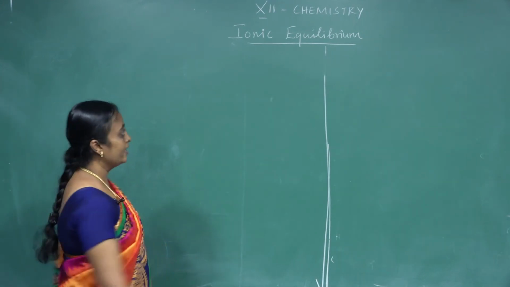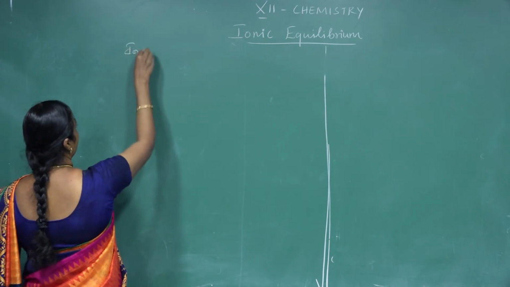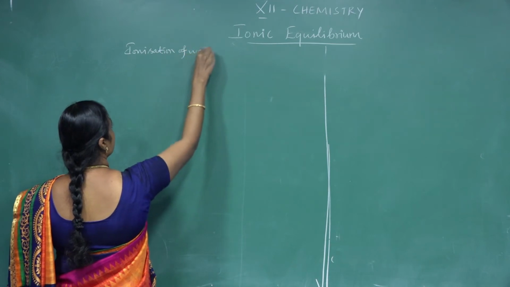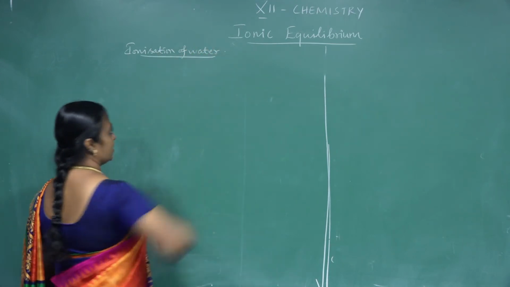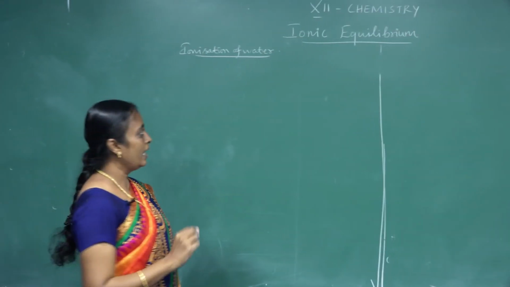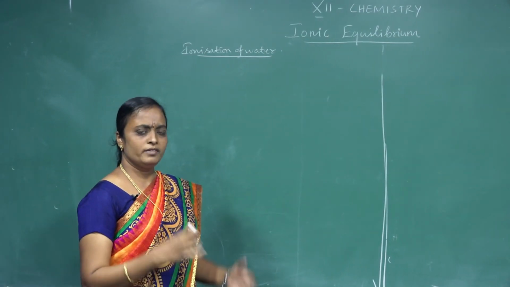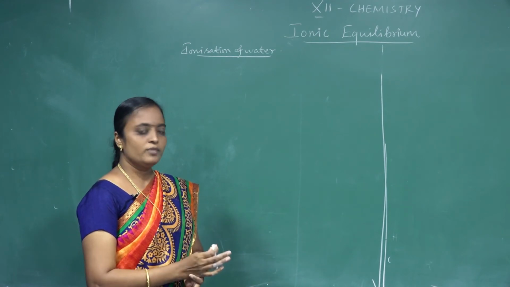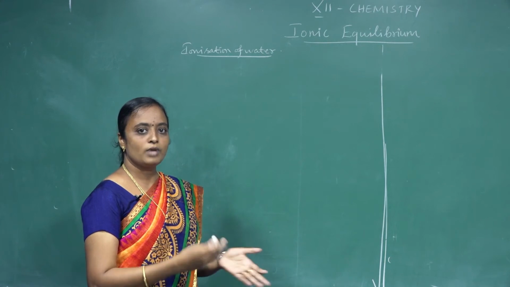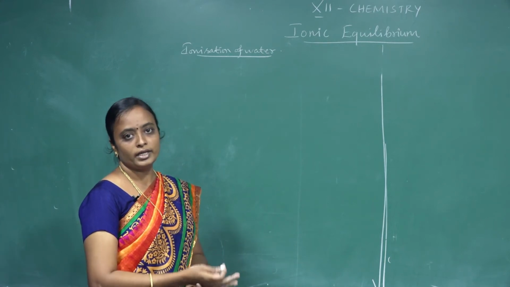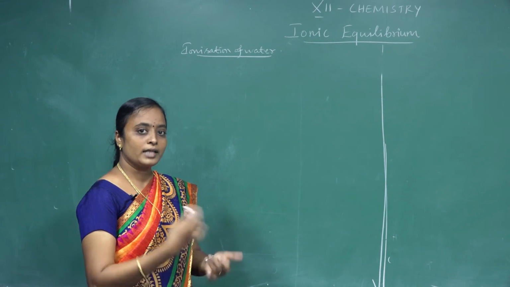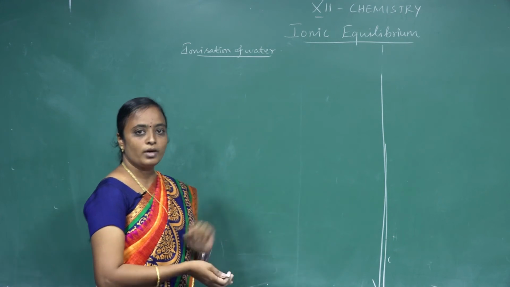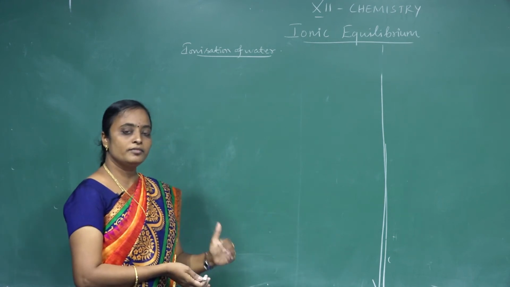Next we are going to see the ionization of water. Usually when we dissolve an acid and a base in water there will be ionization. An acid has a tendency to accept and a base has a tendency to donate, so the donating and accepting character is added. Likewise, water itself can be ionized.